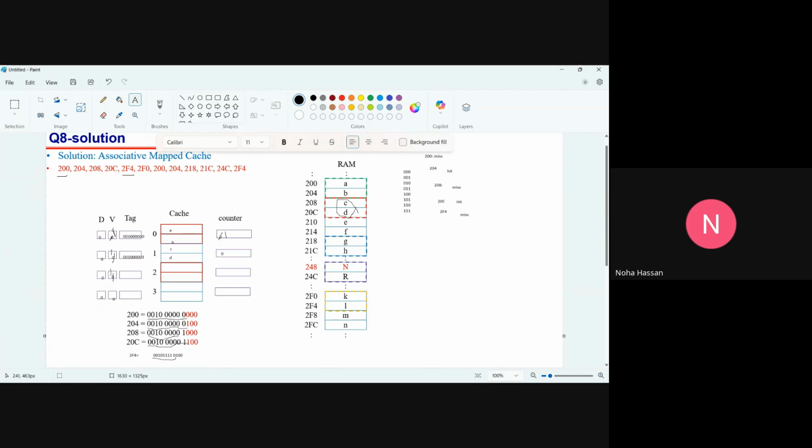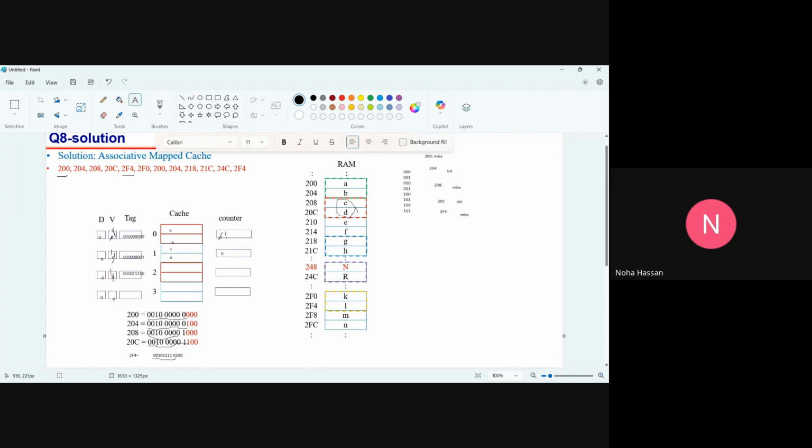I will come here and I will write 0, 0. This is 4, and then F, and then 2.